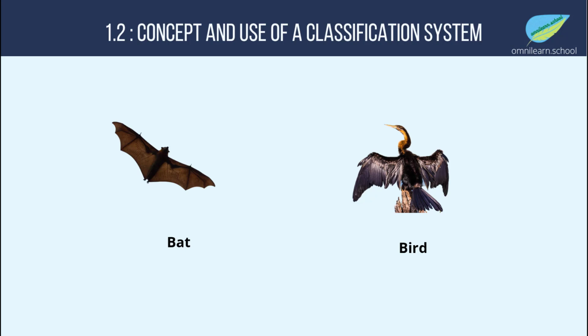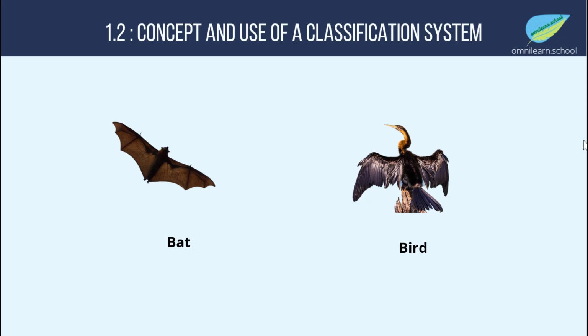And if the bat was really the host, and if it did share a recent common ancestor with birds, that would be important information, because then we would have to be careful about our interaction with birds as well.